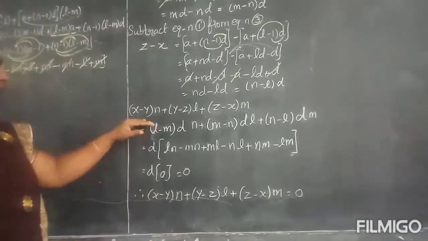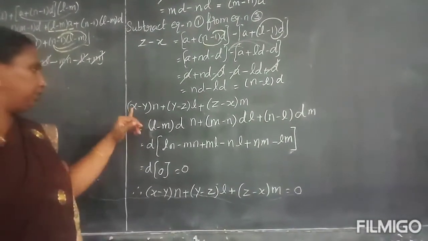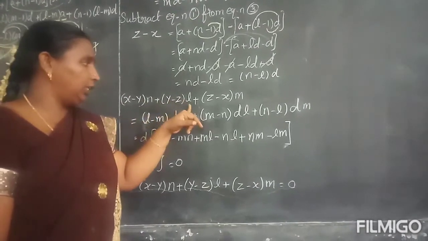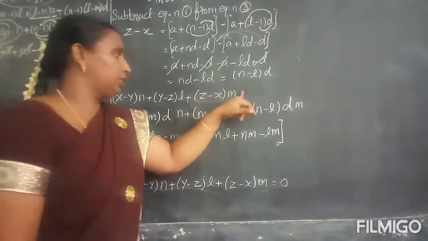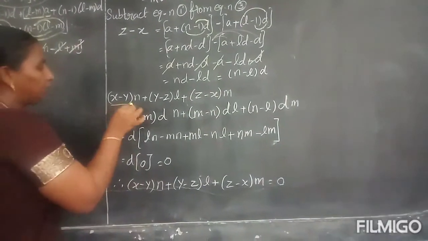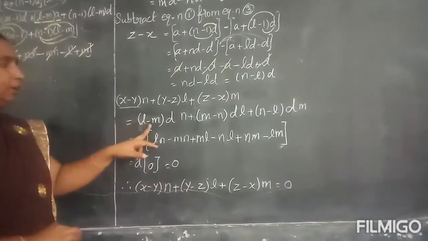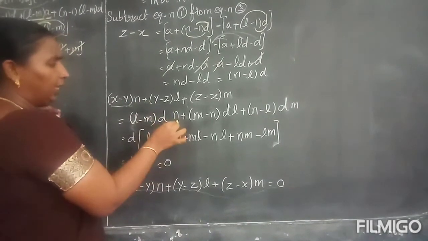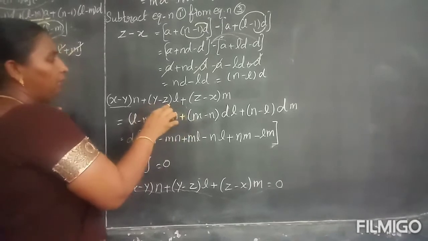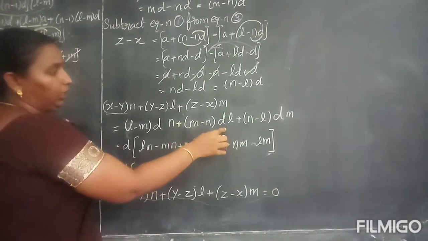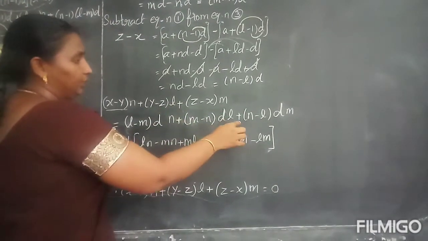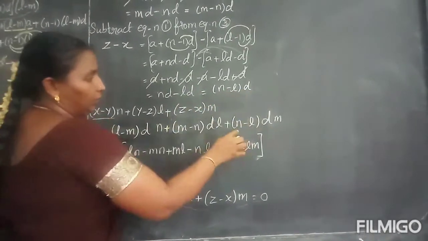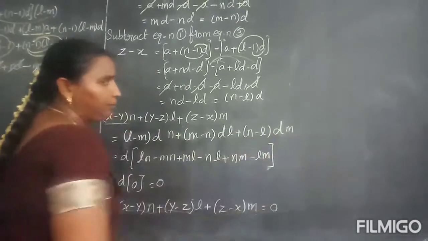Okay, so now write the LHS part of the second subdivision, that is (x minus y) into n plus (y minus z) into l plus (z minus x) into m. So we found x minus y value, that is (l minus m) into d. Here you have n, write the n as it is, plus y minus z value is (m minus n) into d, write l as it is, plus z minus x value we found (n minus l) into d, write that value, write the m as it is.